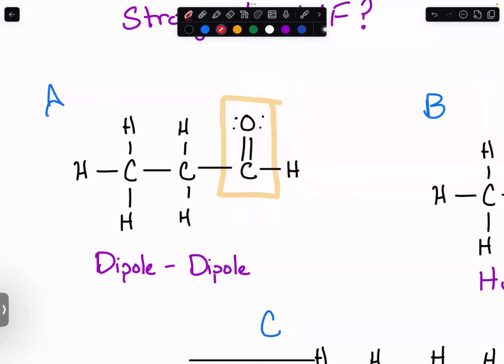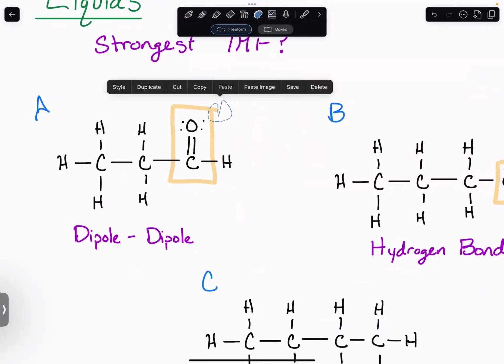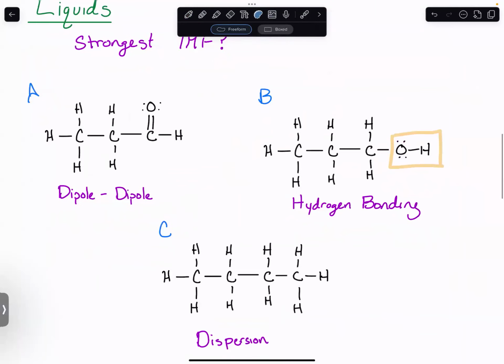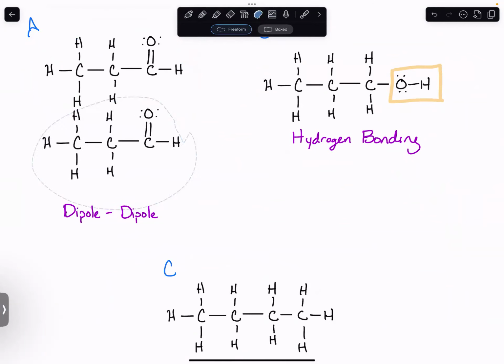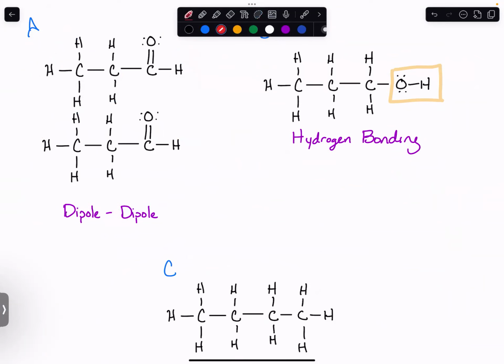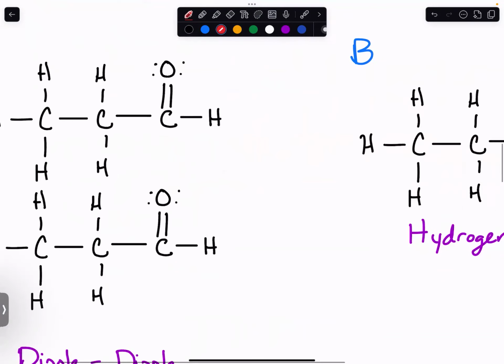Remember, we're talking about interactions between neighbors. So really a better way to picture this would be to draw two of these molecules. And remember, they're going to line themselves up in such a way that the partial positive end of one molecule, carbon here, has this partial positive charge, and that's because oxygen has stolen all of its electron density because it's more electronegative, right? Remember, electronegativity, this tug of war over electrons.